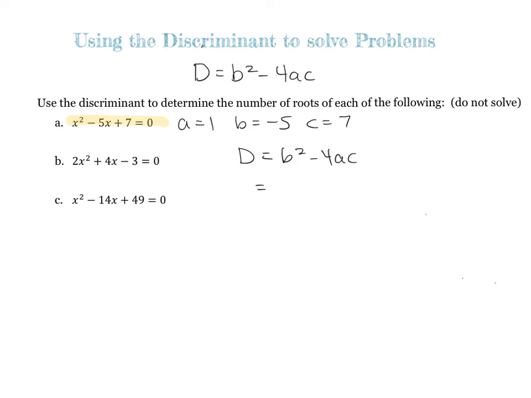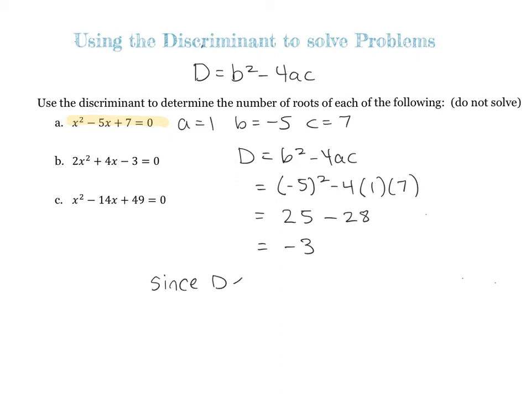Substituting that into our discriminant equation, b squared minus 4ac, we get that the discriminant equals -5 squared minus 4 times 1 times 7, which ends up being 25 minus 28, or -3. That tells us that there are no real roots because our discriminant is less than 0. In other words, we can't find values to solve this equation.